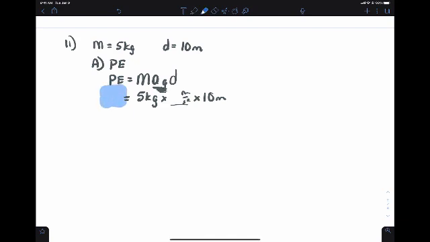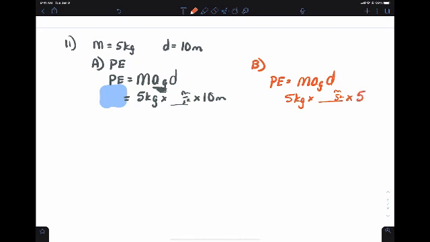It says, how much potential energy does the mass lose if it falls 5 meters? Well, here's the deal. For part B, the potential energy formula is going to be the same thing, and the mass is going to be the same, 5 kilograms. I'm not going to give you g, you should know that.